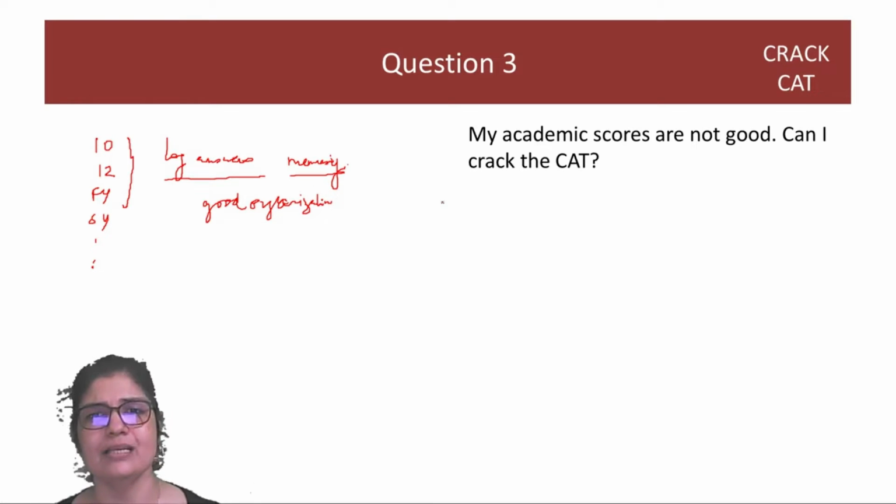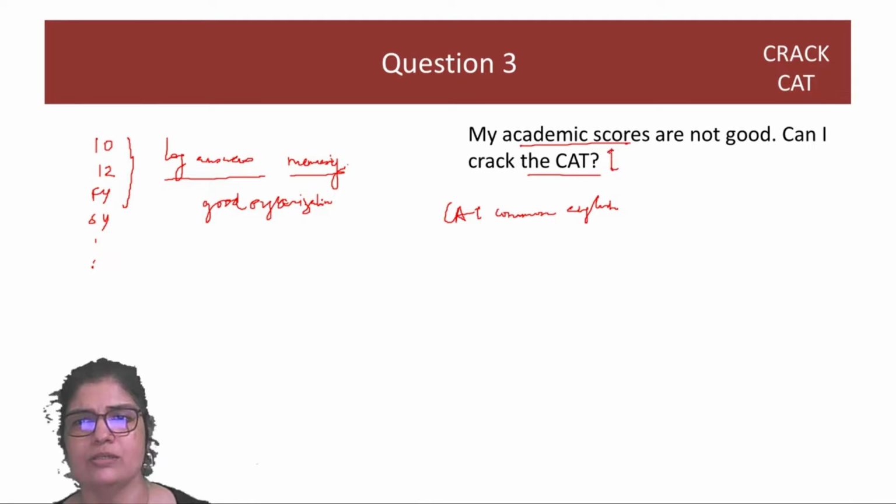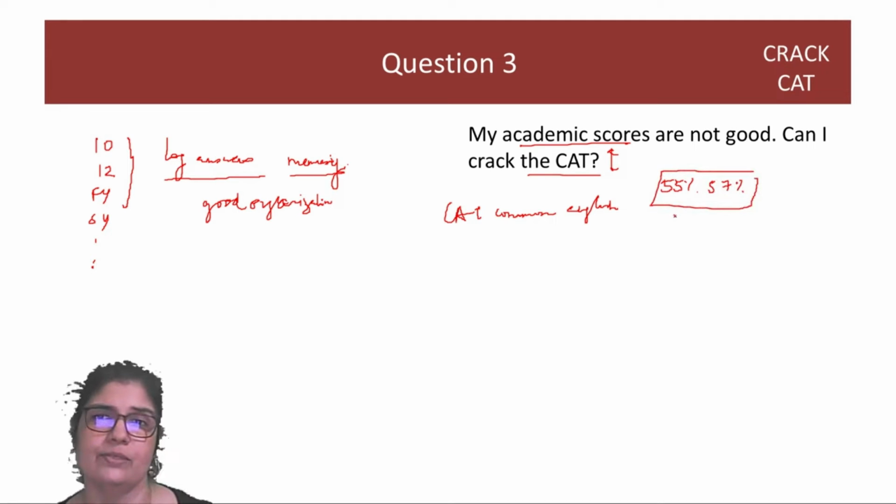CAT is basically just checking your common mathematics, common English, and if I can say it, common sense. So there is no direct proportion between academic scores and cracking CAT. I have had students with 55%, 57% in engineering getting calls from the IIMs and converting them.